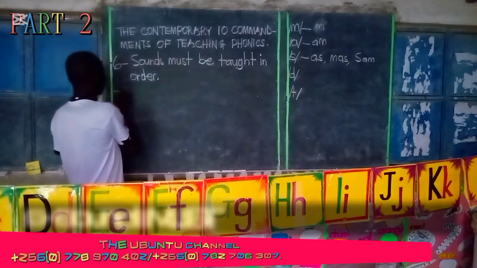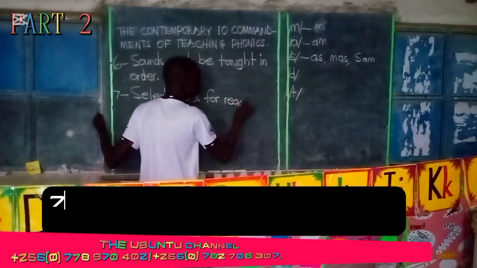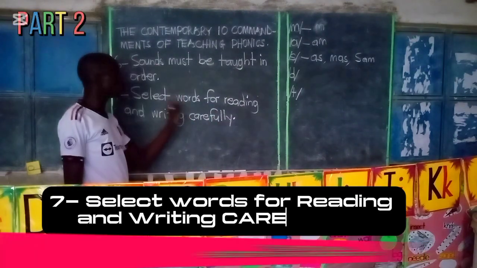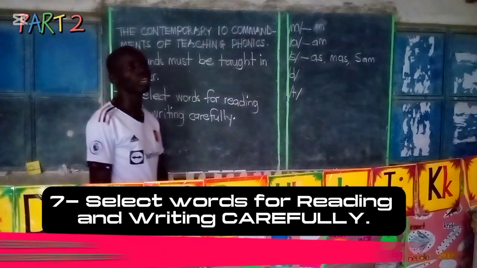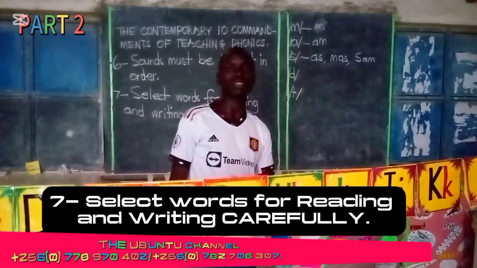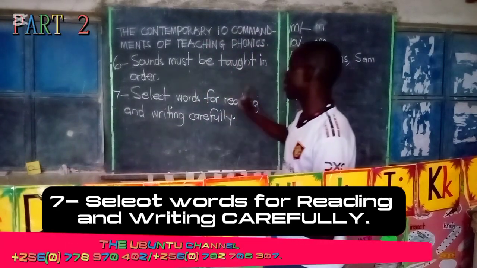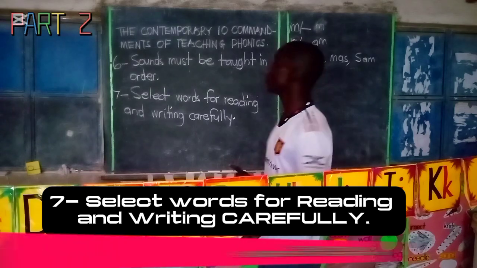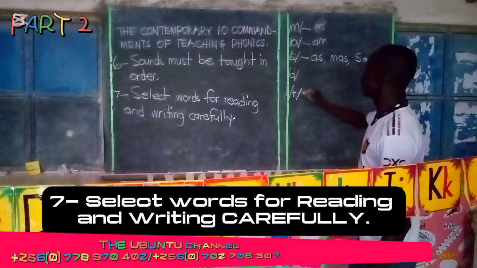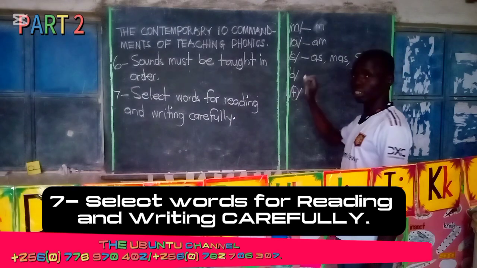Number 7 is saying select words for reading and writing carefully. Normally, when teachers of reading are selecting words for a reading lesson, like let me say you are teaching this last sound.